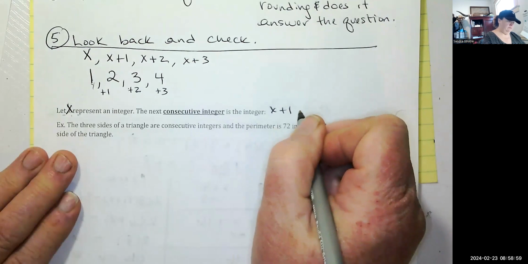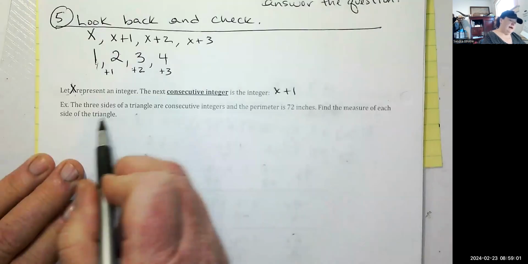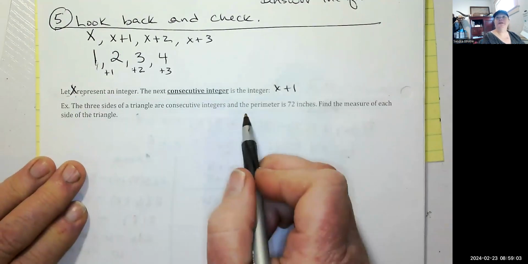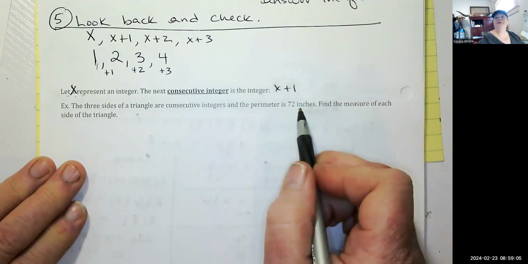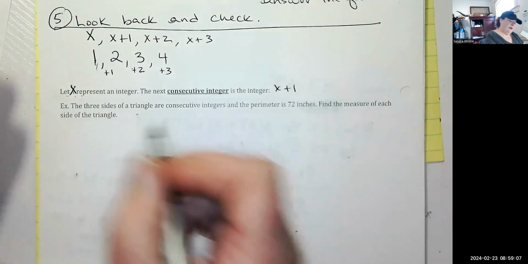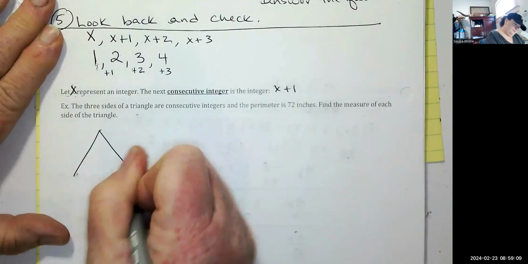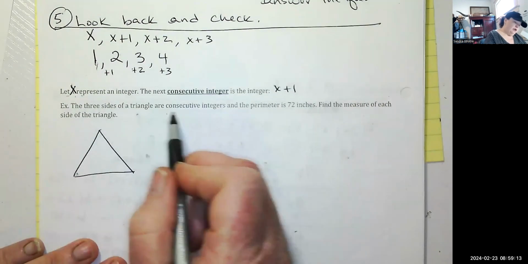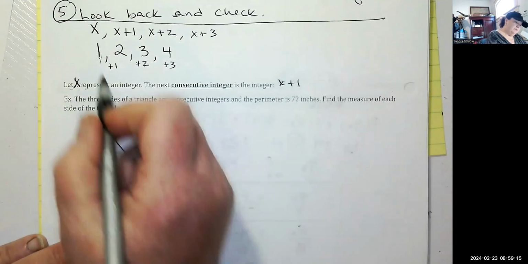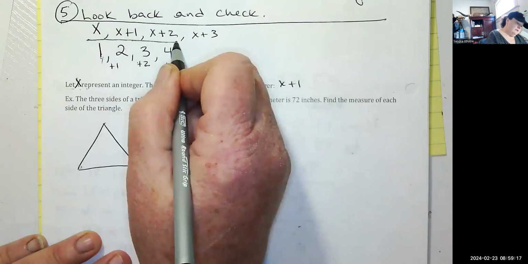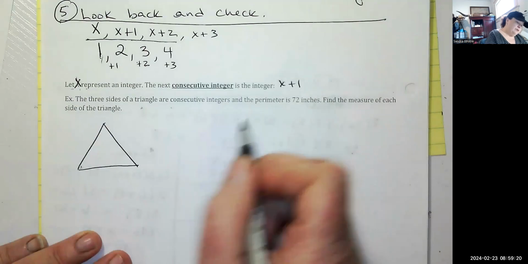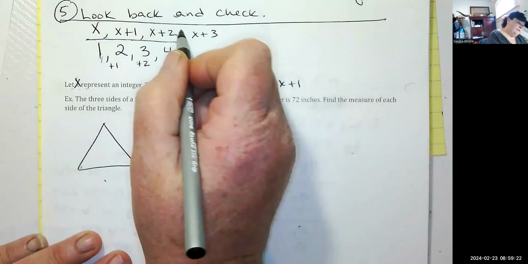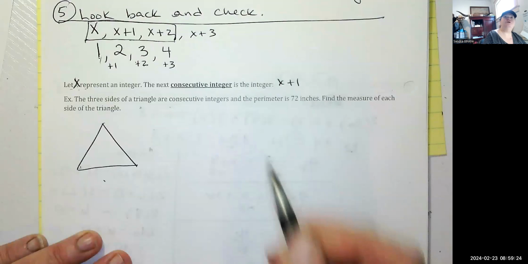All right. The three sides of a triangle are consecutive integers, and the perimeter is 72 inches. We have three sides, so we have three consecutive integers.